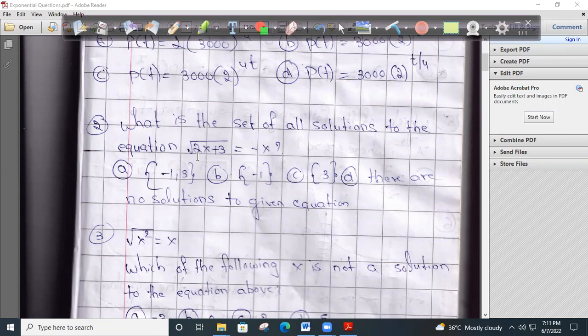Everyone attempt, try to solve and give me the answer. Most important, because it's simple, but most of us make mistakes.